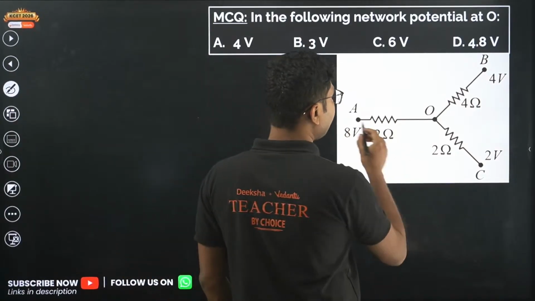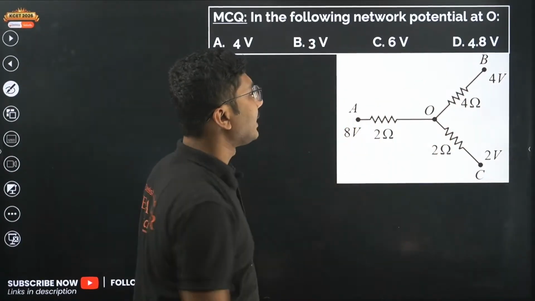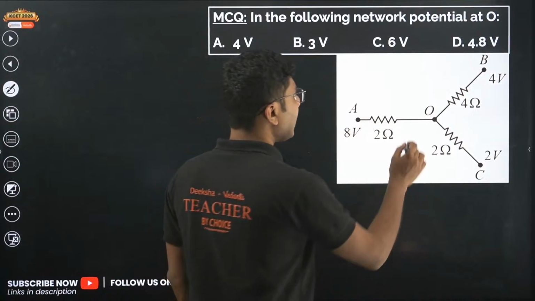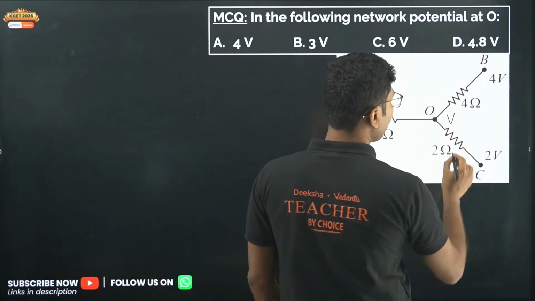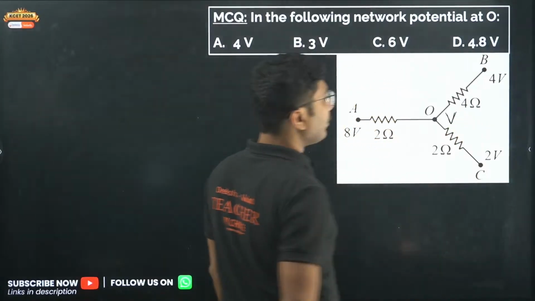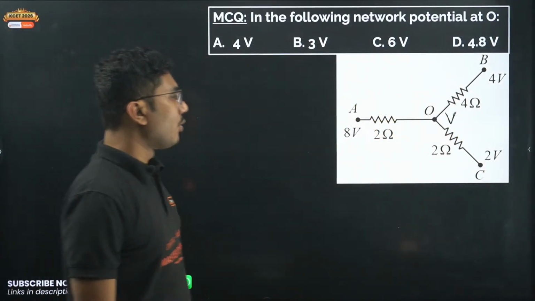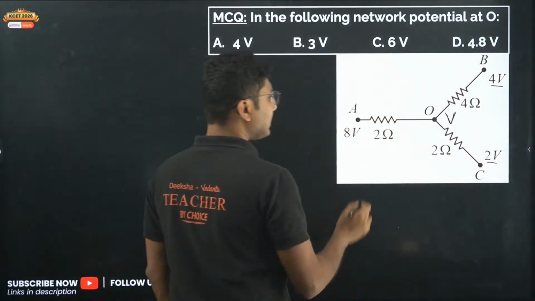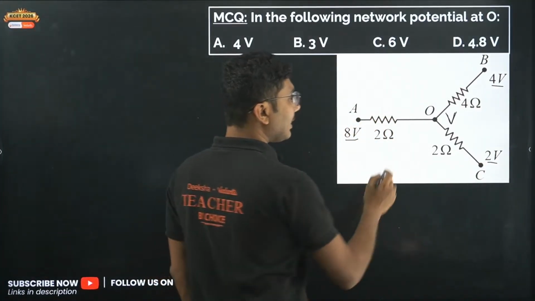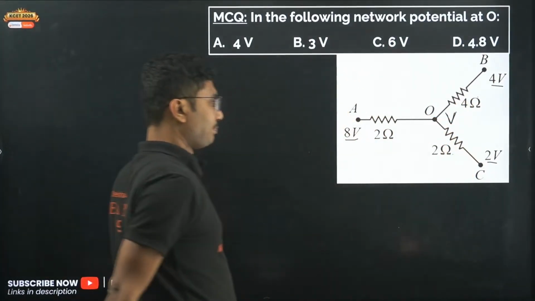First of all, they have given you this circuit, and they asked you what is the voltage at this point O. So we will assume that the voltage at this point O is V. What else? Voltages at these two points and this point are given. Resistances are also given.